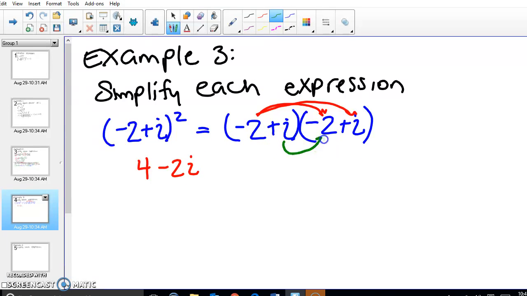And then we're going to take our i and distribute it. So i times negative 2. And then i times i squared. So 4. We don't have any other numbers, but we know that this i squared is negative 1.